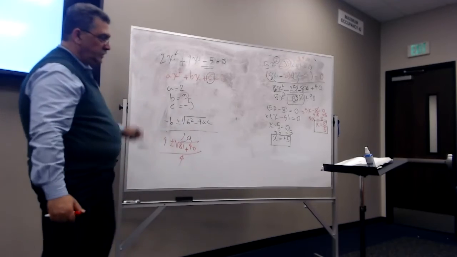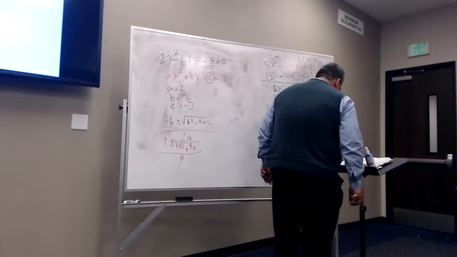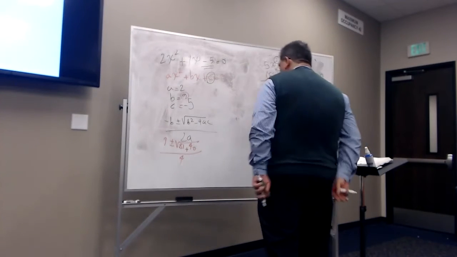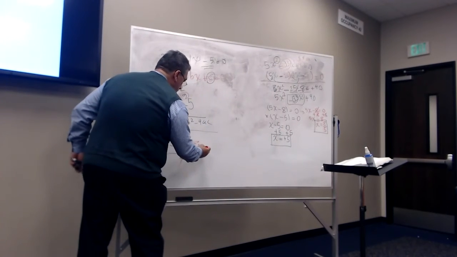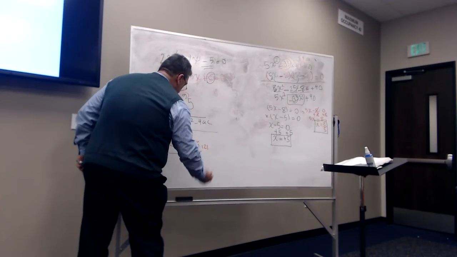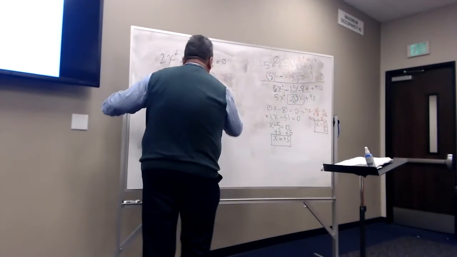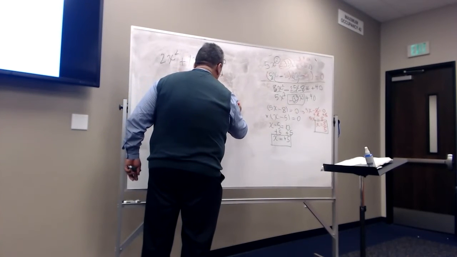And then you have to solve that problem. It ends up being 121, because this becomes 121, and the square root of 121 is 11. You have 9 plus and minus 11 divided by 4.